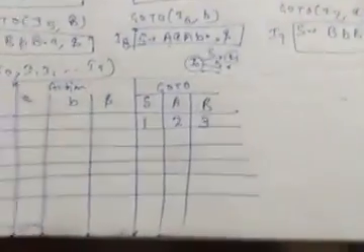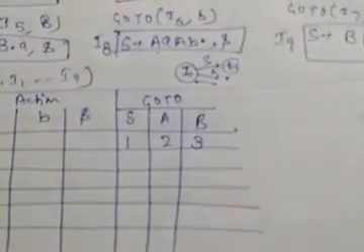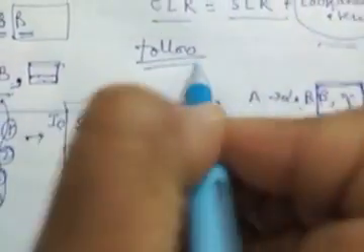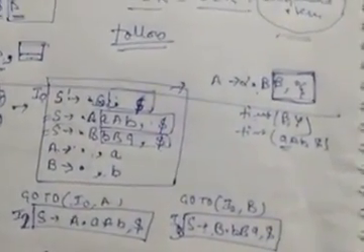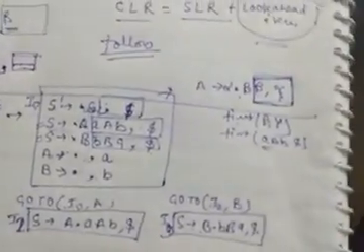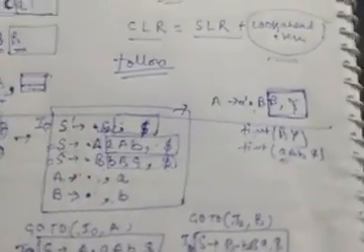Now only one change is here: in SLR parsing we are finding the follow if there is no element after dot. So we will put the reduction entry into the elements of follow of that particular non-terminal. In CLR parsing there is a change, because we have found follow means what elements will come after that particular non-terminal.